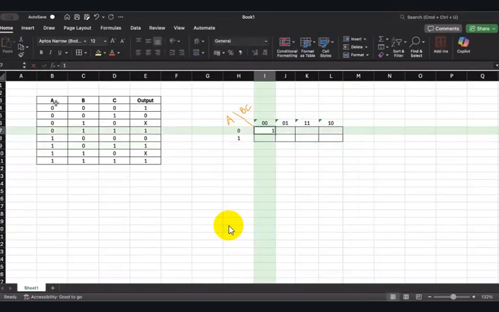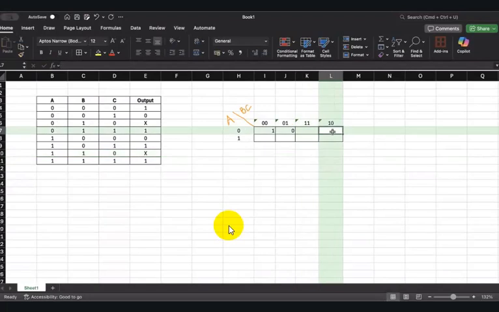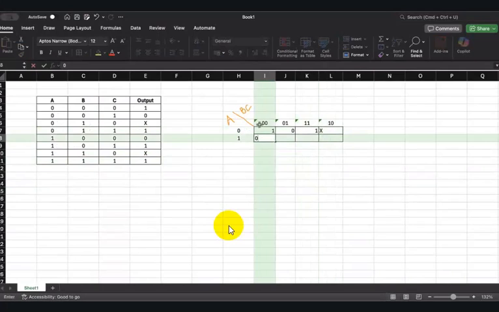No, I'm telling you here. 0, 0, 0 means you have an output of 1. If it is 0, 0, 1, you have an output of 0. If it is 0, 1, 0, you have an output of don't care condition. For 0, 1, 1, you have an output of 1. Then here you have 1, 0, 0. This is going to be 0. Just a moment.